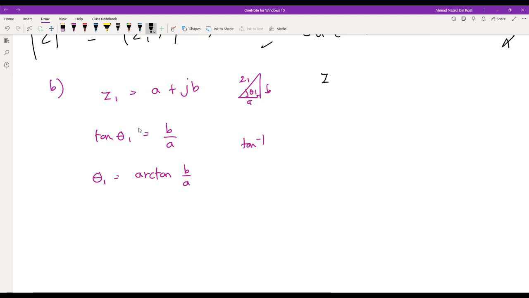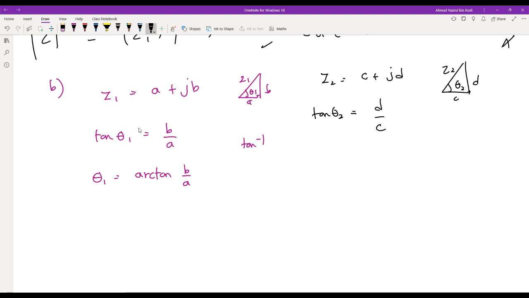Next will be Z2 equal to C plus jD. So tan theta 2 is equal to D over C, because this Z2 has sides C and D. So this one will be theta 2.